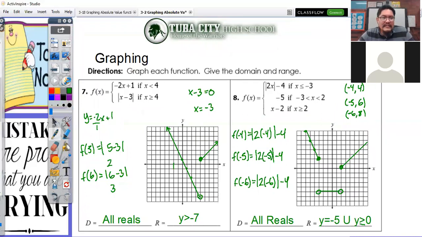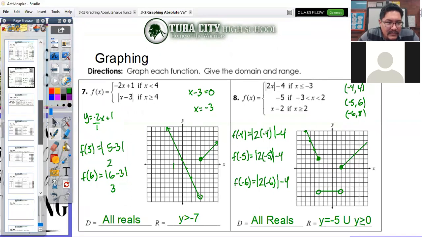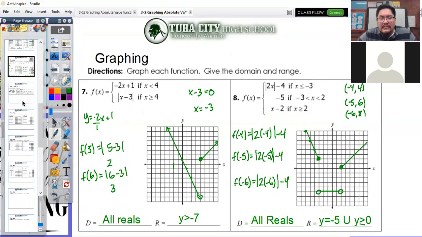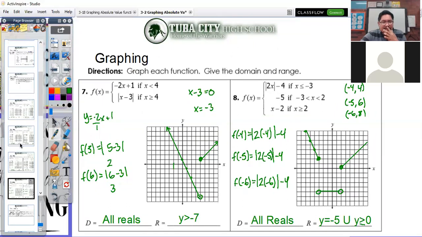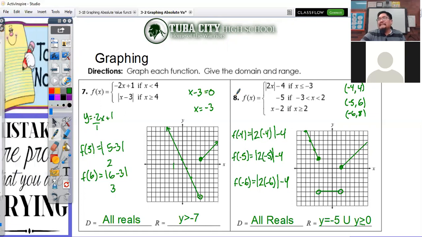Okay, let me see how much further we would have on this one here. I'm gonna just scout ahead and look at the packet. It doesn't look like there's actually that many of them. In this case, we only did 8 of them, and it took us about an hour to do 8 of them.